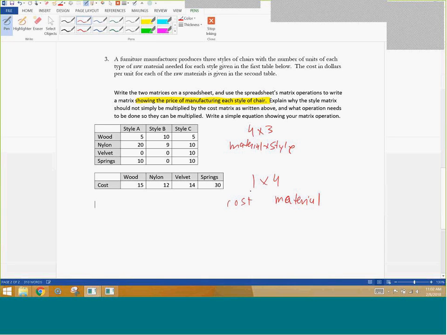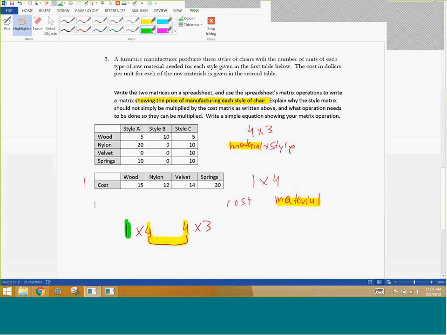In order to multiply these, I need to make sure I enter them correctly, even though it gave me this one first and this one second. I type the 1 by 4 first, because I want to multiply the 1 by 4 with the 4 by 3. That way the inner numbers are the same, and they're both talking about material, so they're the same like they should be.